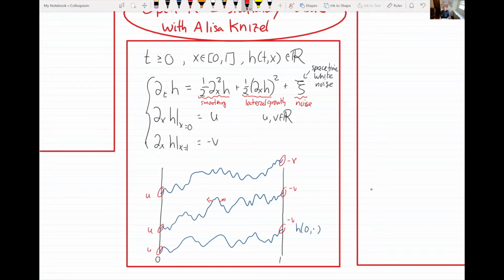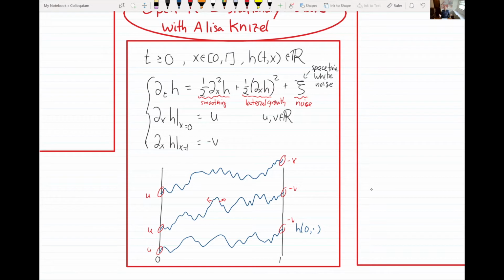Now, the issue is that if I were to try to make sense of this equation and got rid of the lateral growth term, to somehow simplify the picture, then I will have an equation that you can check has spatial solutions that are Holder 1/2, well, 1/2 minus, so just slightly less than Holder 1/2. And if I then try to put the nonlinearity back in, I can't make sense of it because I can't really define the square of the derivative.